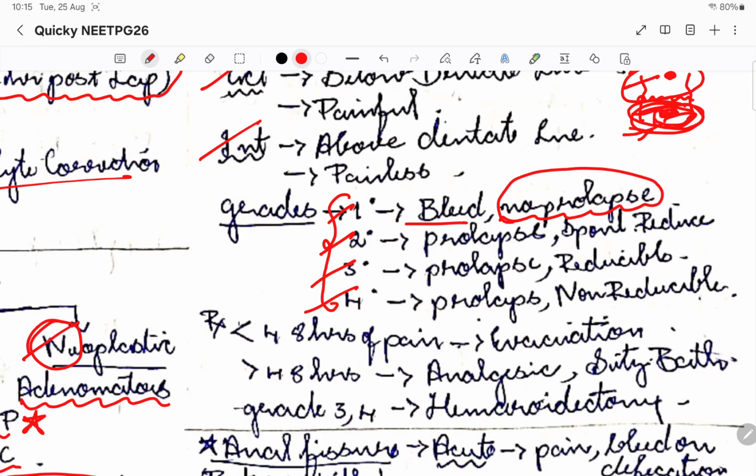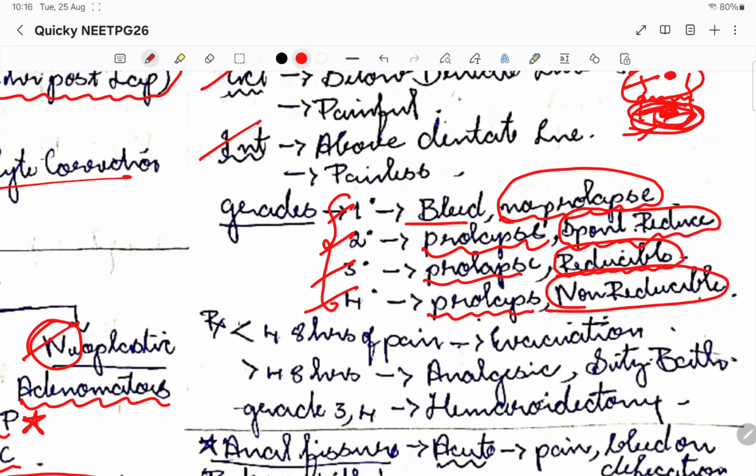Then when it comes to secondary, it is going to be prolapsing but spontaneously reducible. In tertiary, prolapse is there, but reducibility is based on manual reduction, so we have to reduce it. Then coming to quaternary, it is going to be prolapse again, but it is not reducible at all, manually also it is not reducible.